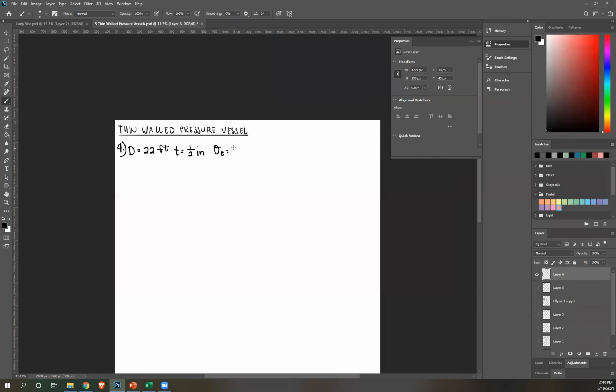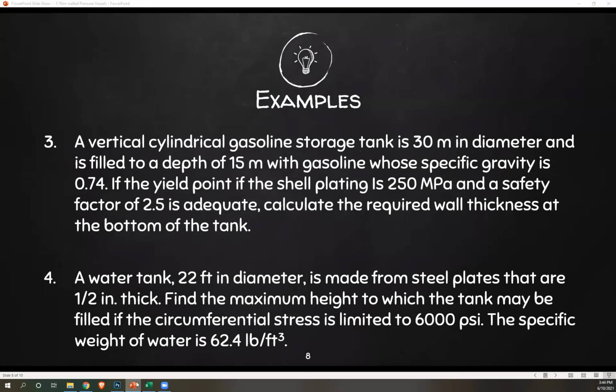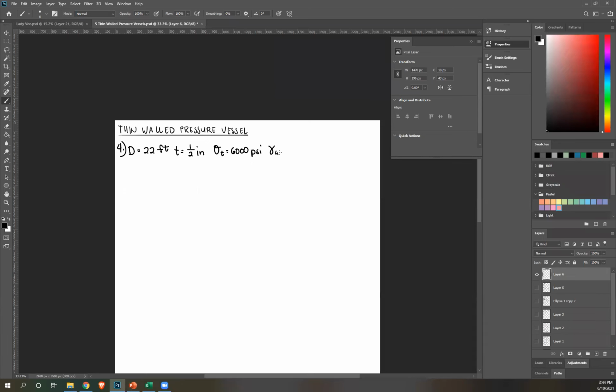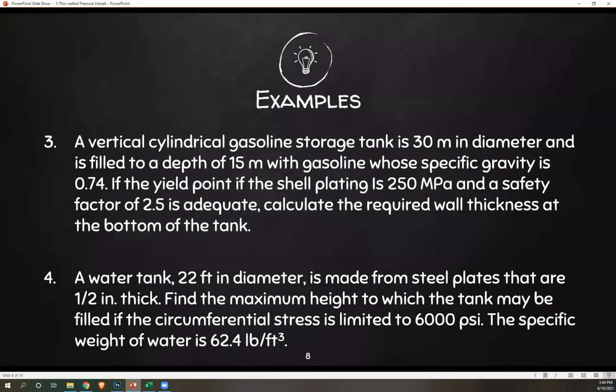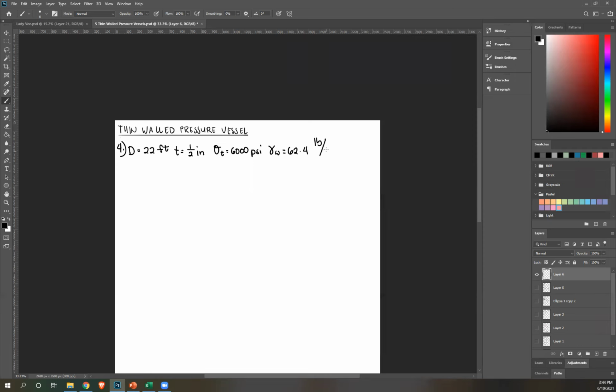So sigma T is 6,000 psi. Specific weight, that's your unit weight, 62.4 pounds per cubic feet.